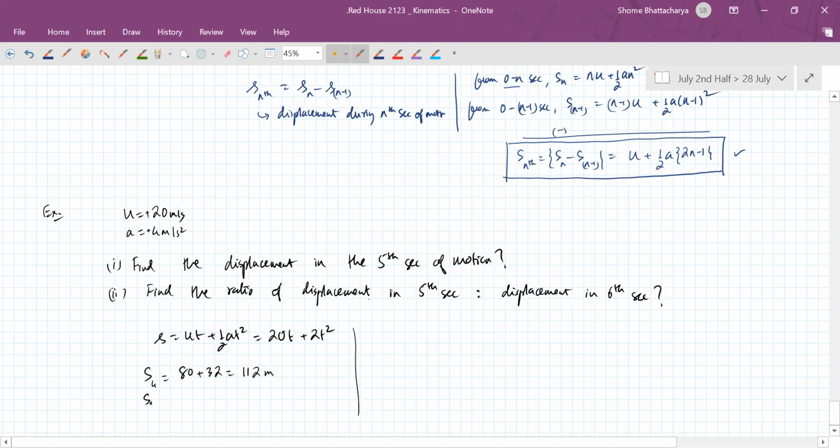Displacement after 5 seconds is 100 plus 50, that's 150 meters. So the displacement in the 5th second is displacement after 5 seconds minus displacement after 4 seconds, so it is 38 meters. So instead of doing this, we can now just go with the direct formula based method.